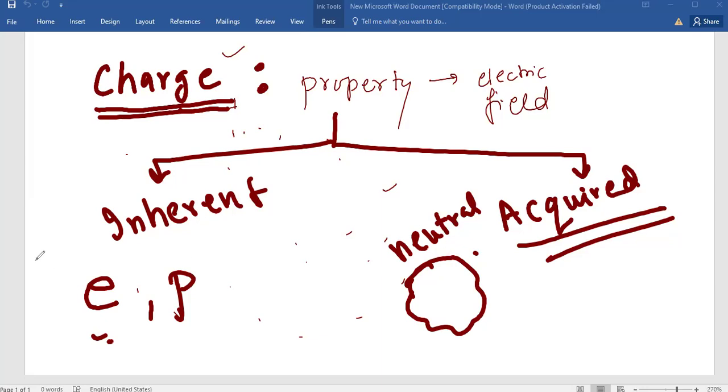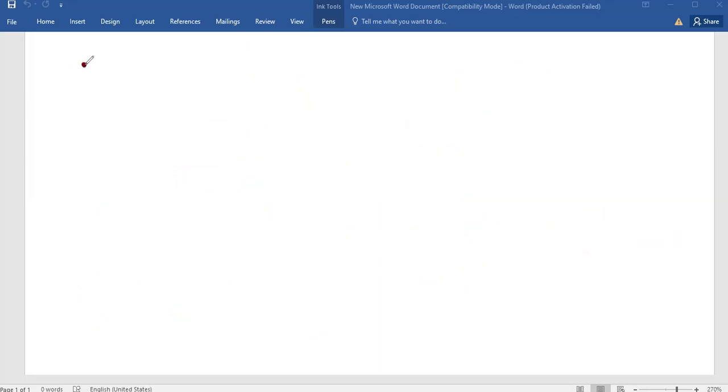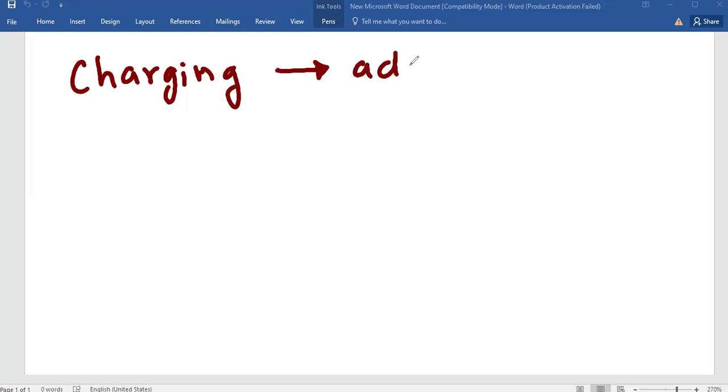Now here, what is important is how to charge them. Charging does not mean mobile charging. Here charging means electrostatic charging. And in electrostatics, charging means addition or removal of electrons from the object.